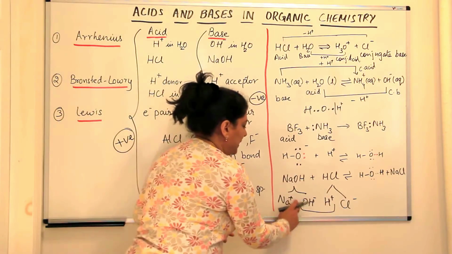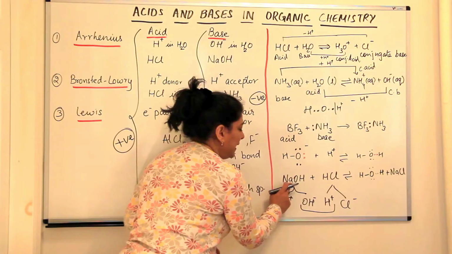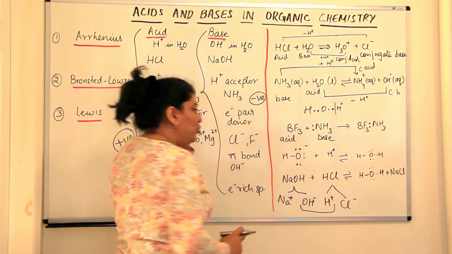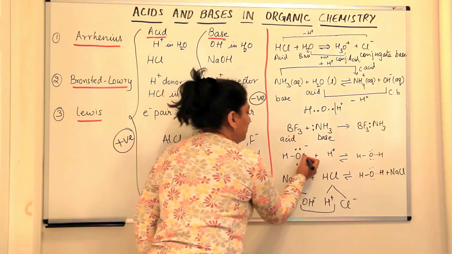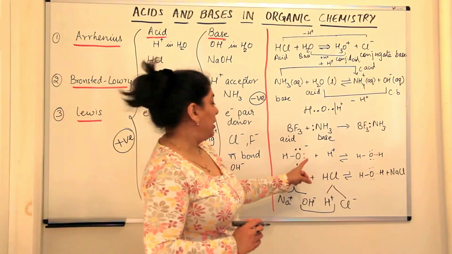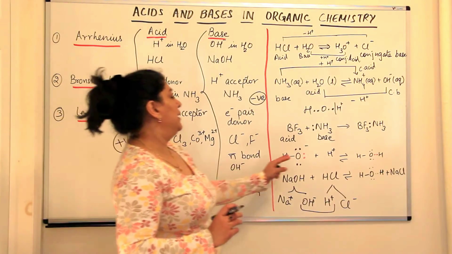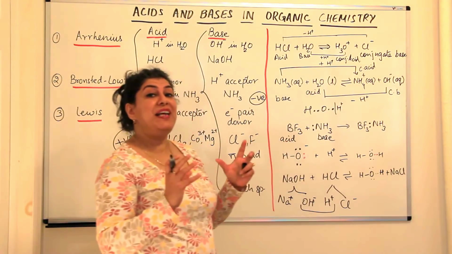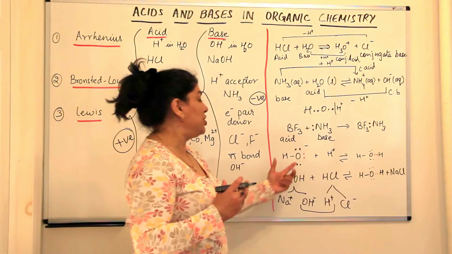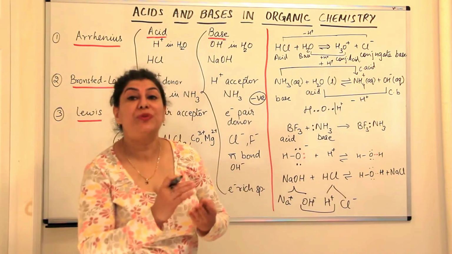Here OH negative, when this broke, sodium Na positive was formed. It means the electron of sodium has come to OH negative. So this pair of electrons is, there is one negative charge. This pair, the red pair of electrons, since it is negatively charged, is not very stable and it needs a positive charge to neutralize itself.